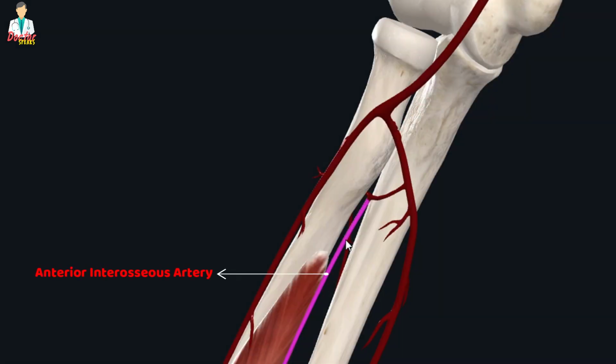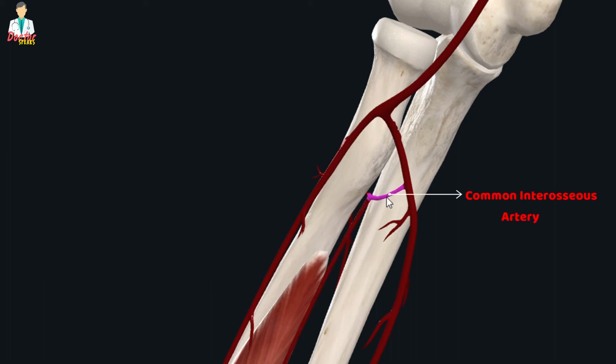The anterior interosseous artery arises as an anterior branch of the common interosseous artery, and the common interosseous artery arises from the ulnar artery. And then the ulnar artery together with the radial artery arise as medial and lateral divisions of the brachial artery respectively.